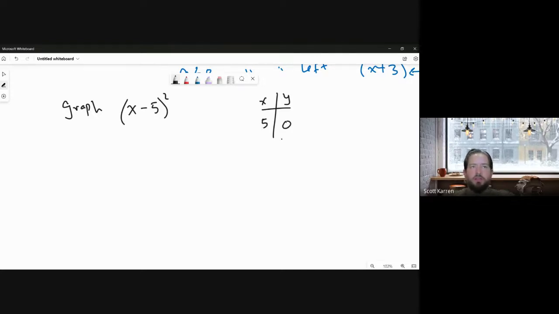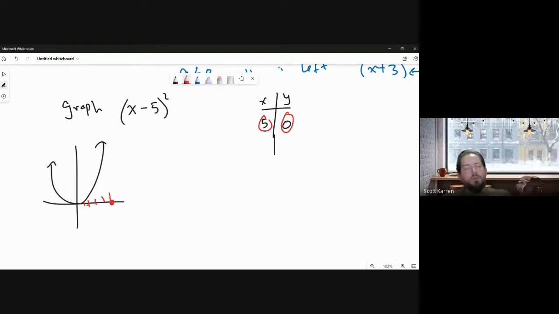And then when you square that, you still get 0, right? And so right off the bat, our graph that started out looking like this has already been moved over so that it hits the x-axis at 5. So 1, 2, 3, 4, 5. It looks like that. And again, we don't really have to do point by point because it's going to be obvious that this thing still turns into a parabola and it's just been moved over.